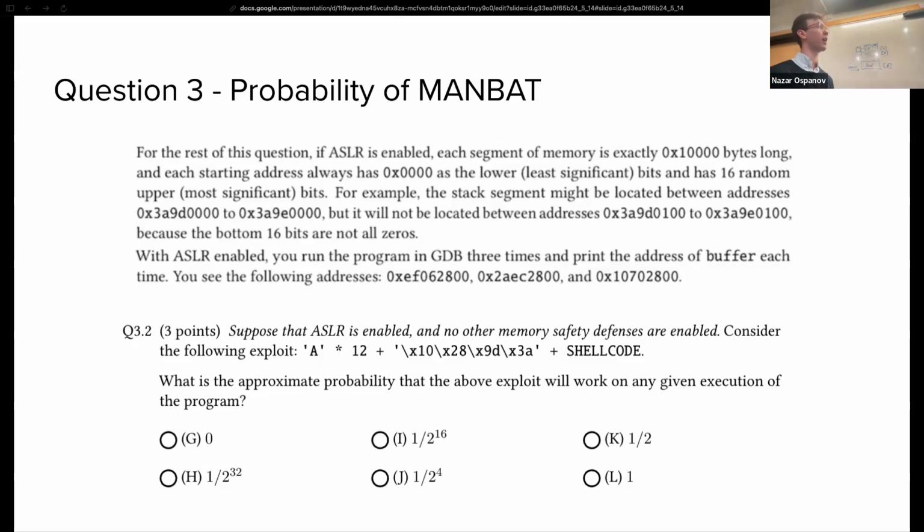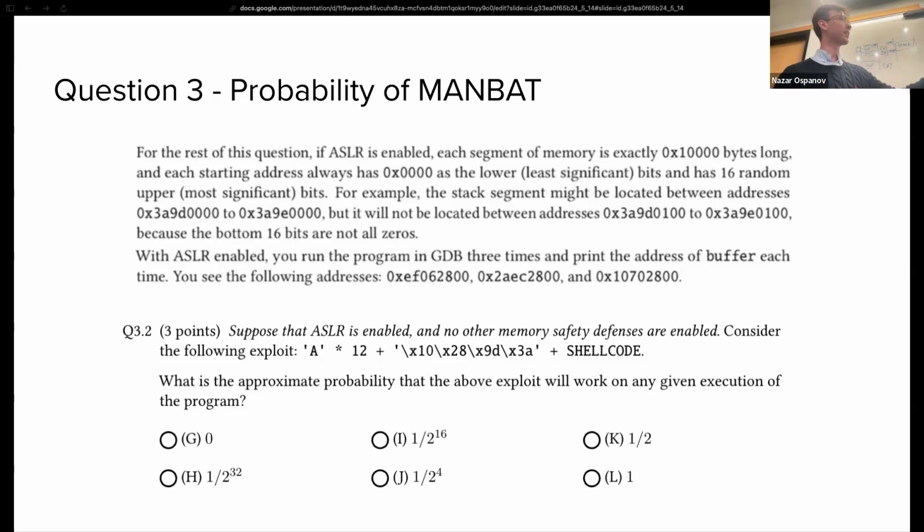The whole premise of why it works is that we assume all these segments end in 4 zeros, right? Say, for example, this is our memory layout and we have the stack located over here; it's going to start at 1000, for example, and end at 2000, and that's guaranteed. What the leak of the following addresses gives us is the relative address of the memory location with respect to the stack.